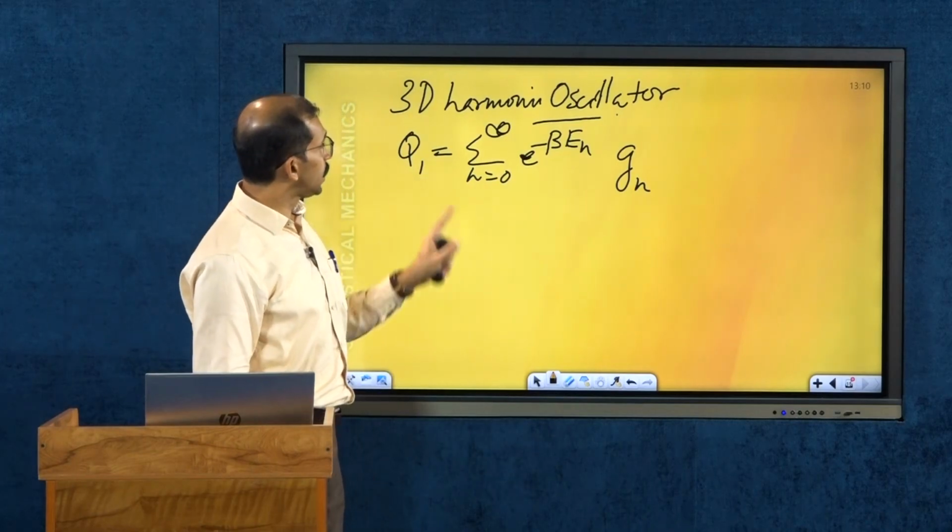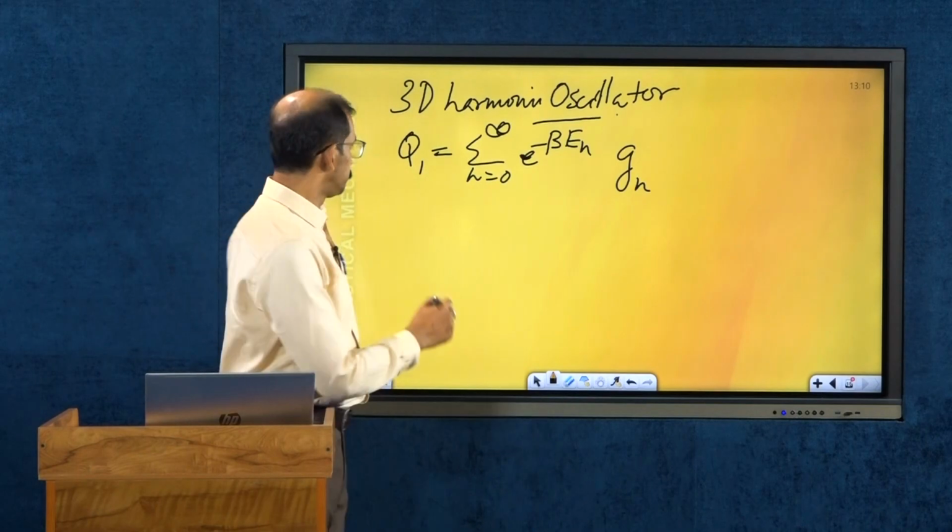So in the case of a 3D harmonic oscillator, what would be your En?